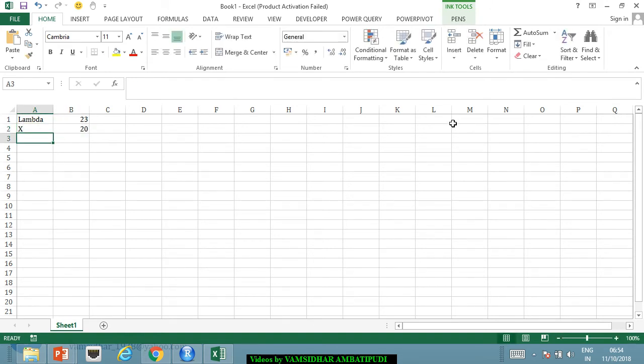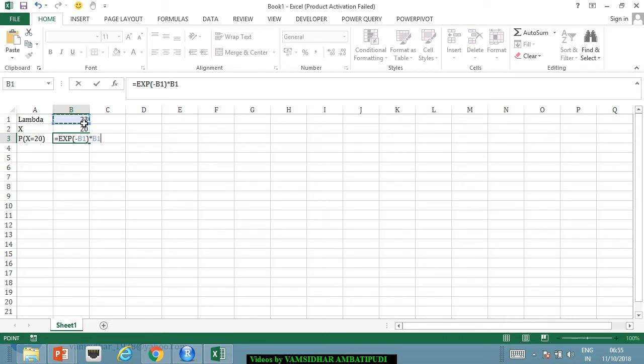So I can find the probability of X equal to 20, which is e to the power of minus lambda times lambda power x divided by x factorial.